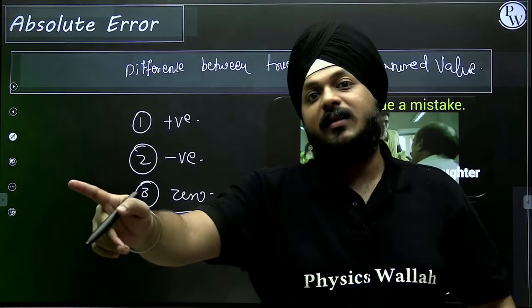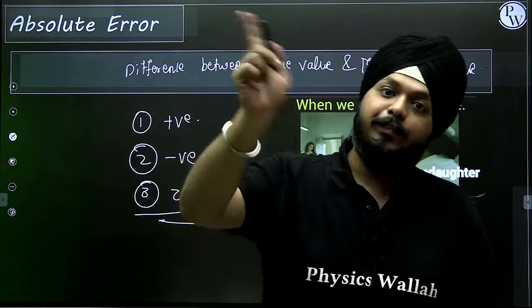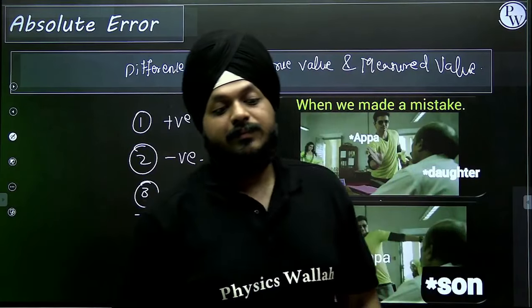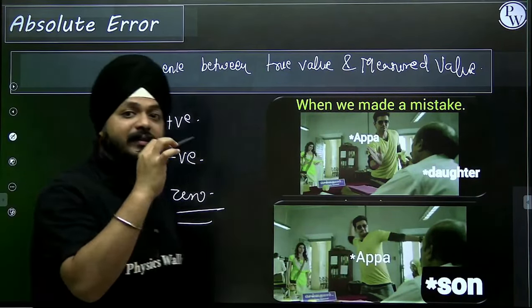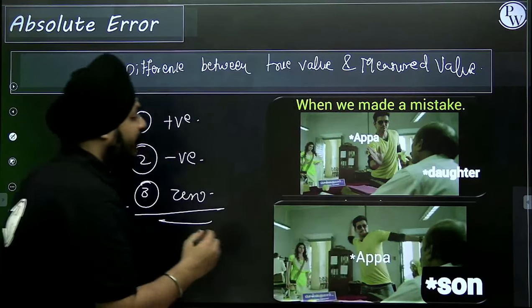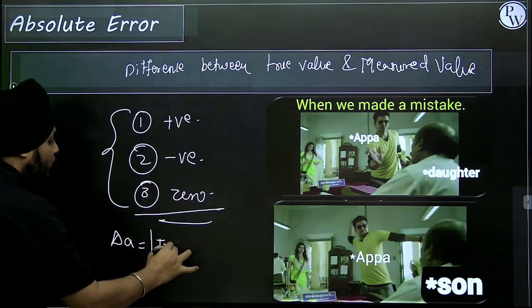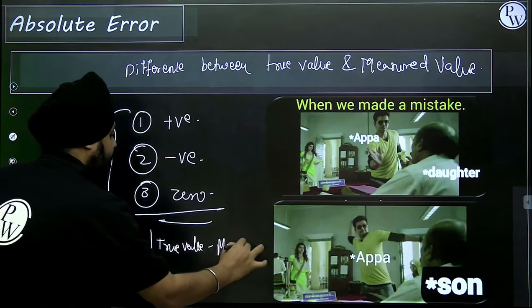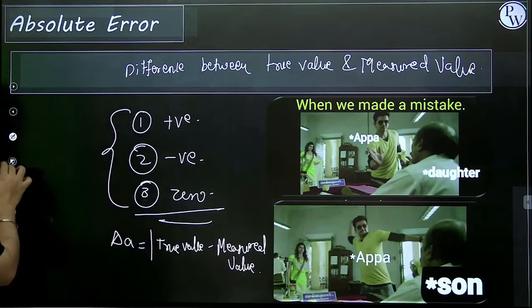But in one case there is a negative error, and in the other it is a positive error. In magnitude terms, the error is 1. So absolute error can be positive, negative and 0. I can define it as delta A, the absolute error, equals true value minus measured value.